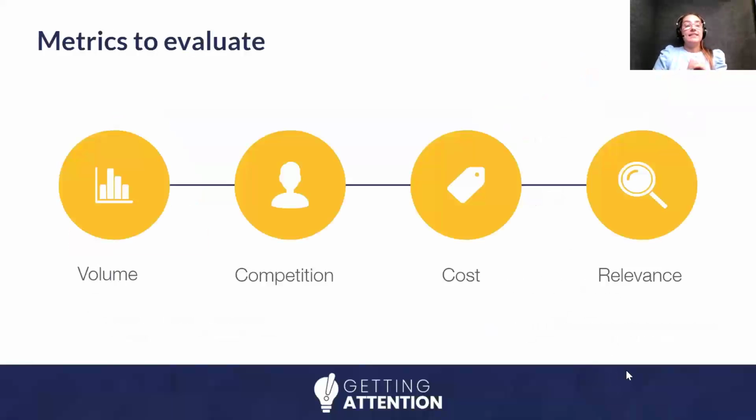When you are looking at keywords, again, I'm going to repeat this and I'm also going to explain what each of these are in a little bit more detail. You want to be looking at volume. Volume for a keyword means how many times it is searched per month. Generally speaking, bigger is going to be usually a little higher up the funnel.